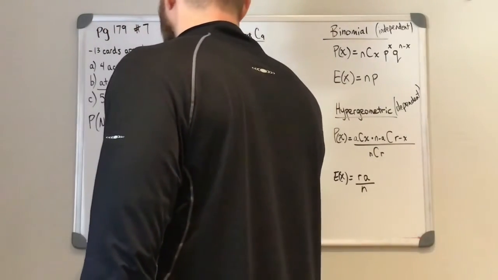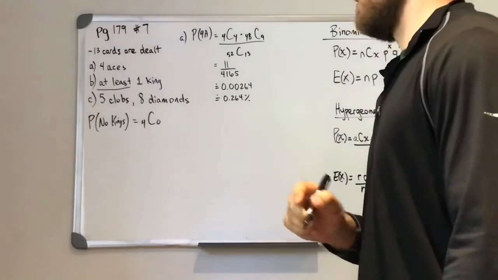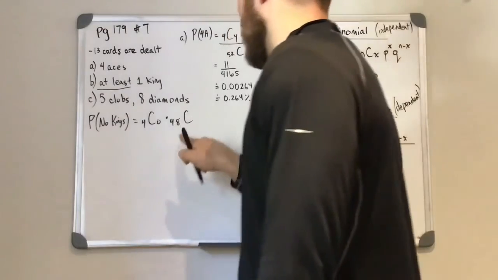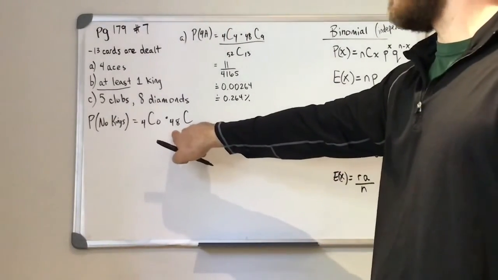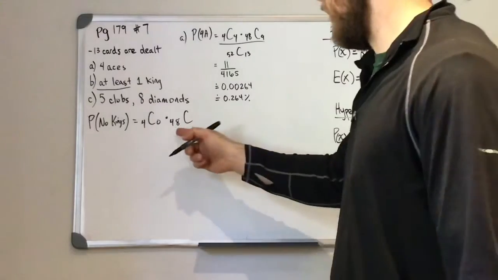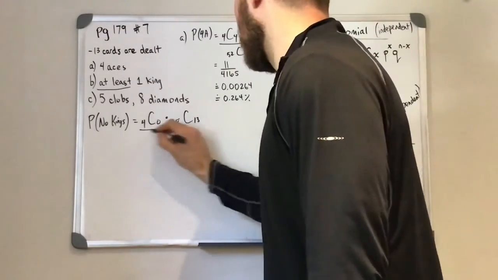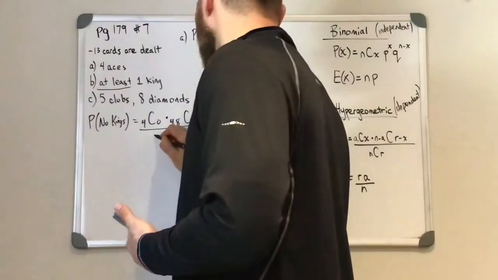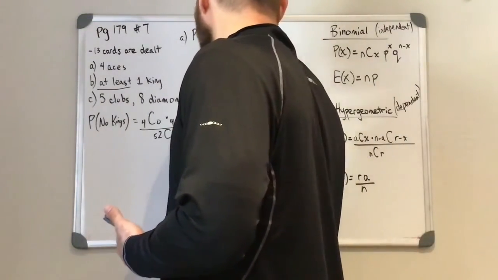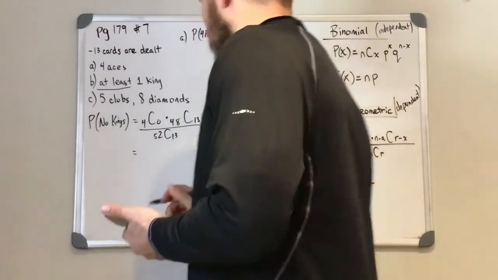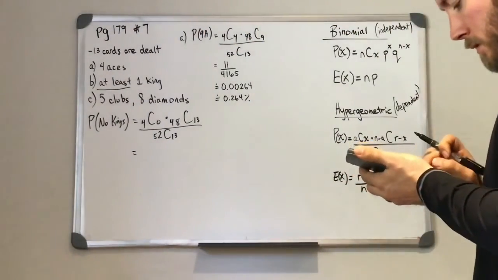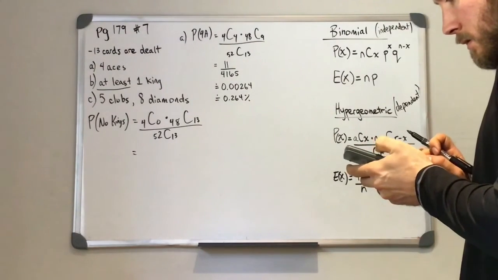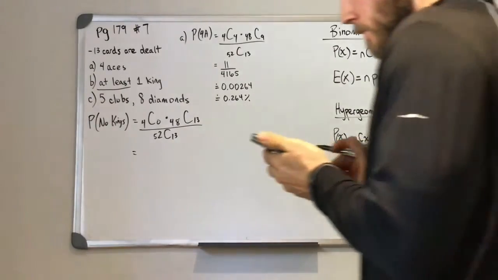There are 4 total kings, and we're saying that we get 0 of them. We multiply that by the 48 non-king cards in a deck, everything but the kings, and all 13 are going to be in that grouping. We have the same total, 52C13.